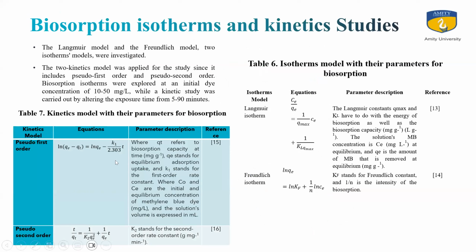We also did isotherm and kinetic studies. There are two isotherms, the Langmuir isotherm and the Freundlich isotherm. In this study, we concluded that pseudo second order is a good fit as compared to pseudo first order.